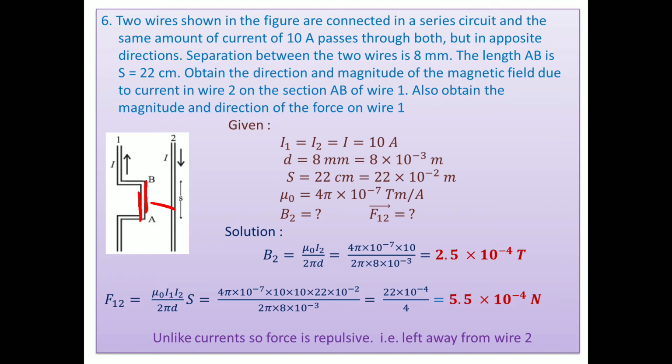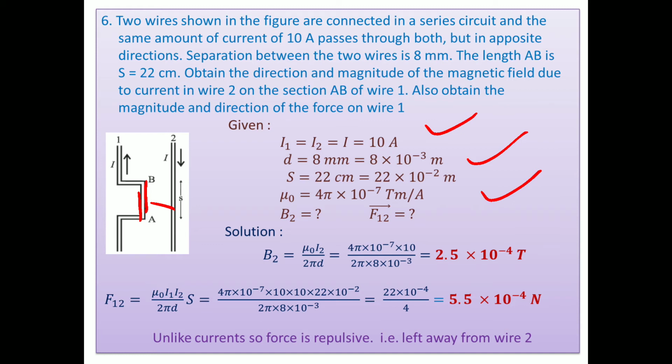So the current through both wires is I1 equal to I2 equal to I, which is 10 ampere. The separation between section AB and wire 2 is 8 millimeter, meaning 8 into 10 raised to minus 3 meter. The length of section AB is 22 centimeter, meaning 22 into 10 raised to minus 2 meter.